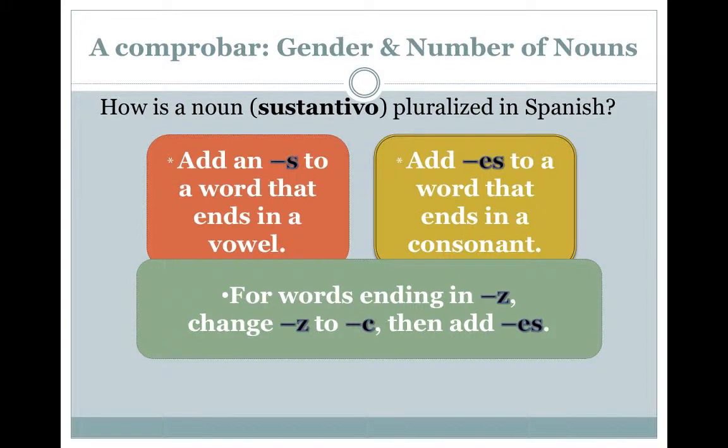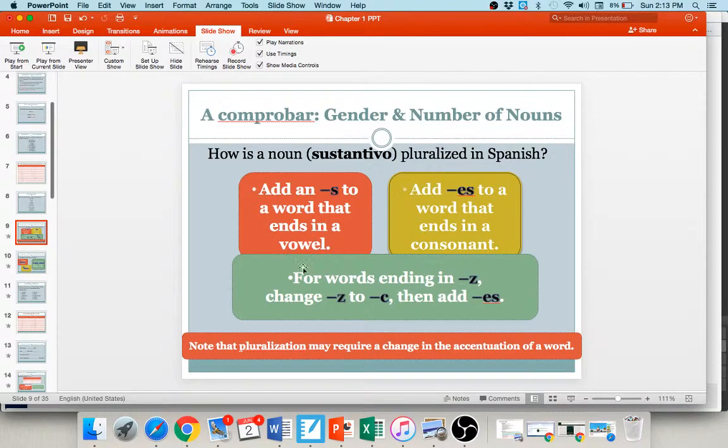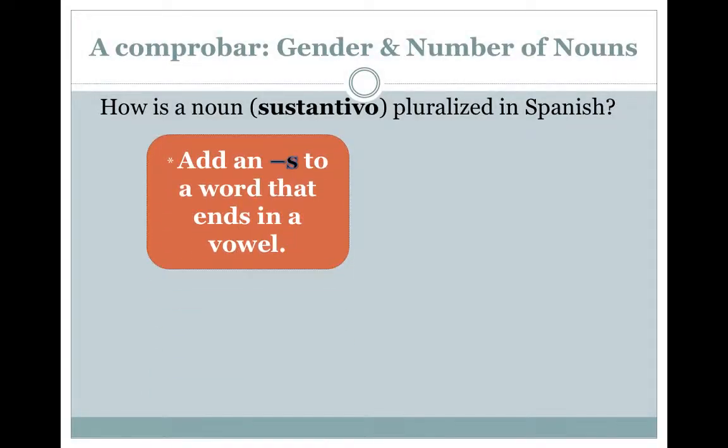So, an example, if we have la pizza, P-I-Z-Z-A, to make that plural I'm going to add an S. Let's say you have the word oso, bear, O-S-O. To make it plural, you're going to add an S, osos, O-S-O-S, because it ended in a vowel.